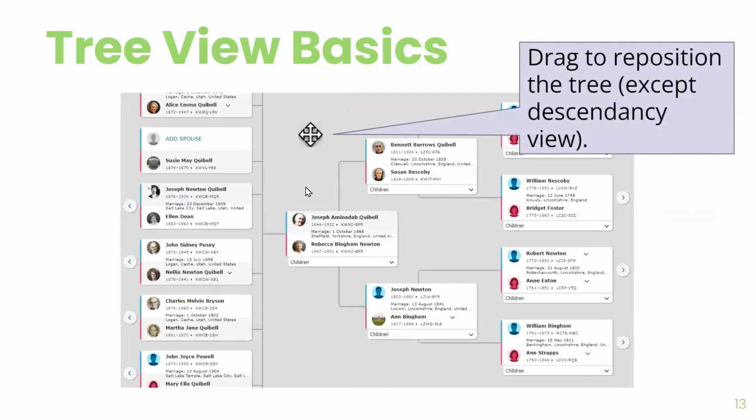Sometimes you can put your cursor over part of a person's name card, or whatever you want to call this little thing. It's not really a card, I guess, tile. But sometimes you can drag from here, but sometimes you can't if you get on a link. So it's really just safer, if you want to drag to reposition the chart, to put your cursor on the gray area, then click, hold, and drag. Again, very similar to Google Maps.